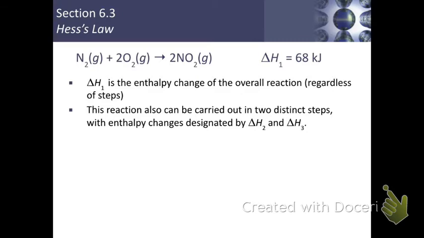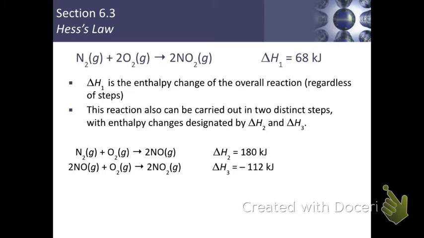And then here are the mini reactions for this single reaction, right? In order for this reaction to take place, we had to develop NO and we had to develop NO2. And this is the enthalpy that is formed or released in each of these little reactions.